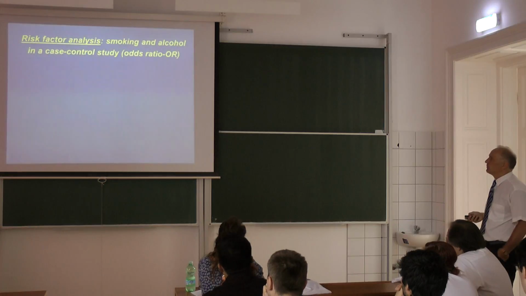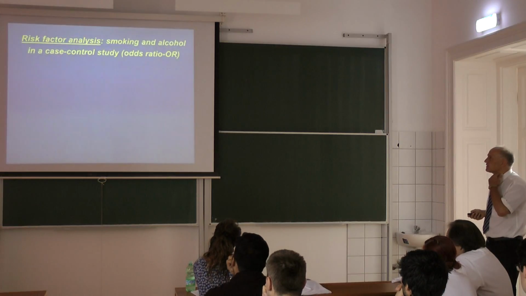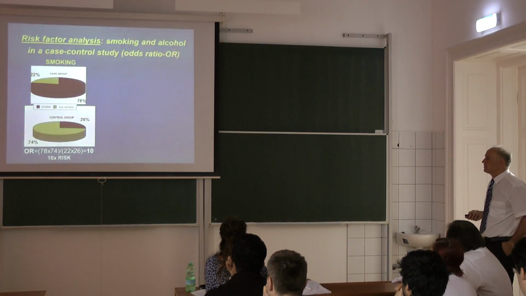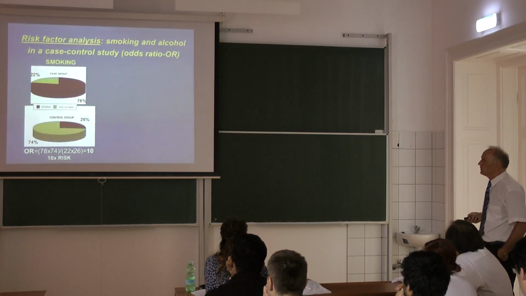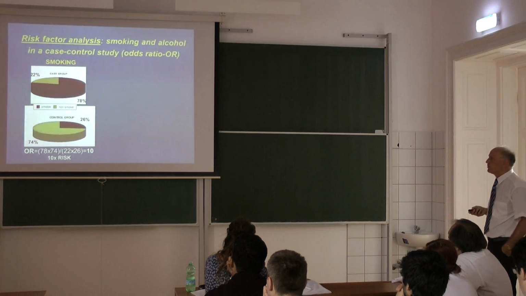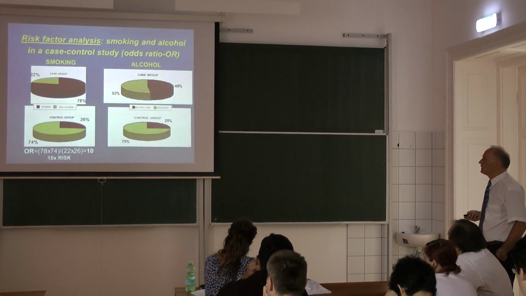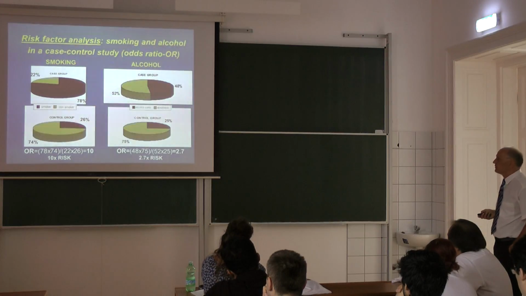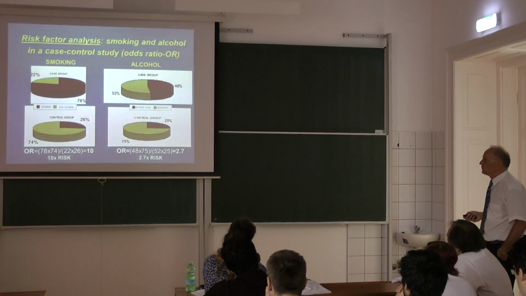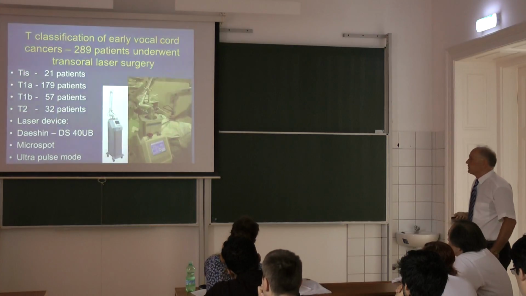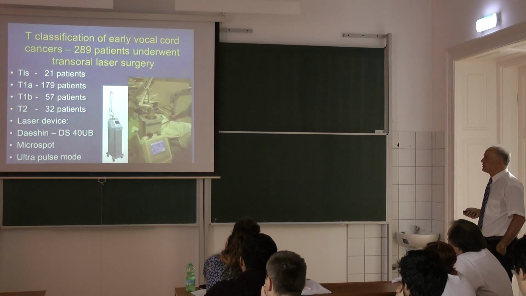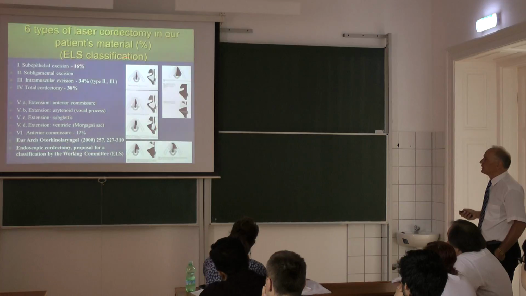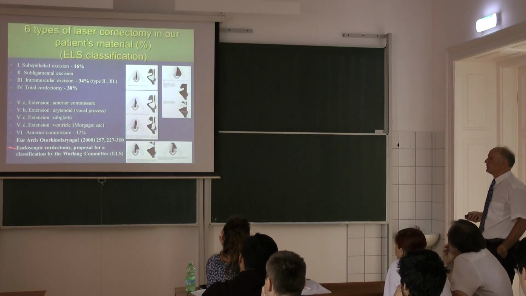So we made a risk factor analysis, and we showed a 10 times higher risk using smoking and alcohol consumption. That increases the risk of the development of the tumor by 0.7.